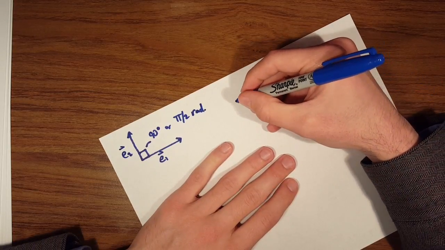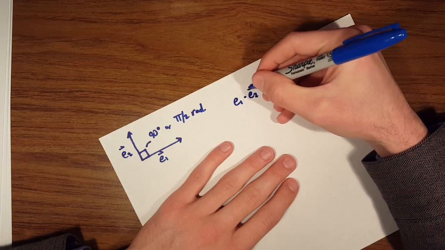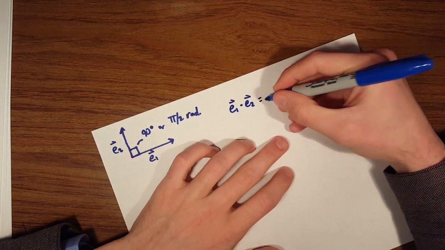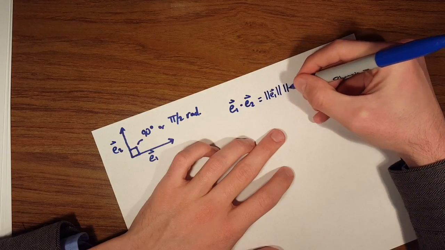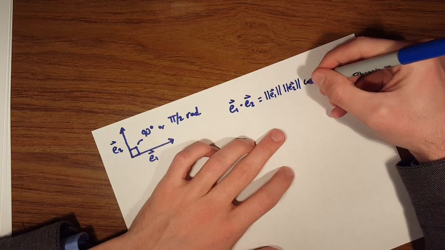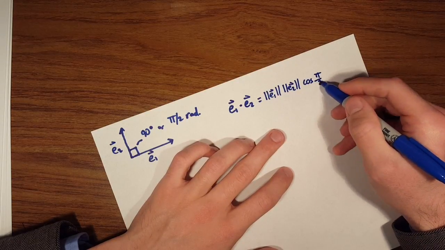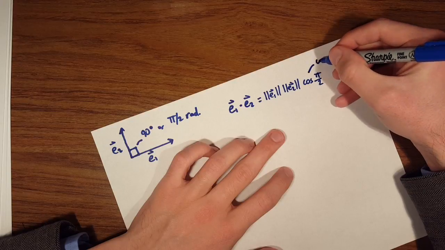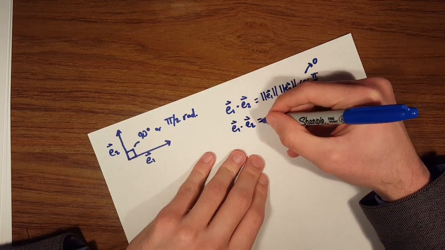Then E1 dot E2 is going to be the magnitude of E1, magnitude of E2, times cosine of pi over 2. And you'll remember from trigonometry that cosine of pi over 2 is 0. So that means E1 dot E2 equals 0.